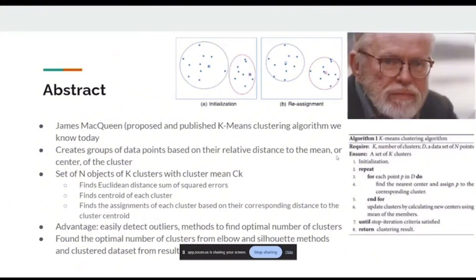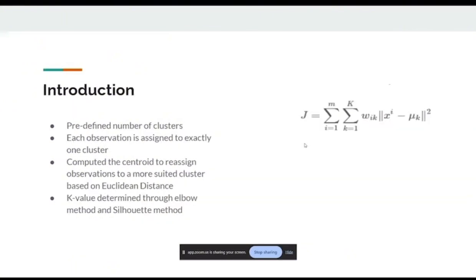You can see on the right is some pseudocode of how you can implement it. Some advantages of K-means are that you can easily detect outliers, and there are many good methods to find the optimal number of clusters, such as the elbow method and the silhouette method, which we've talked about. Here's a little more background on how we use the algorithm.